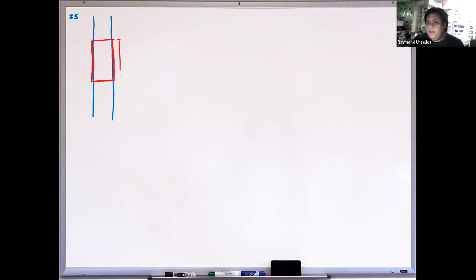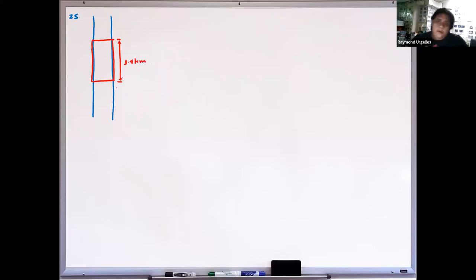Okay, for this problem naman, let's say ito yung road natin. Ito yung bridge natin, which is given sa atin as 1.4 kilometers.